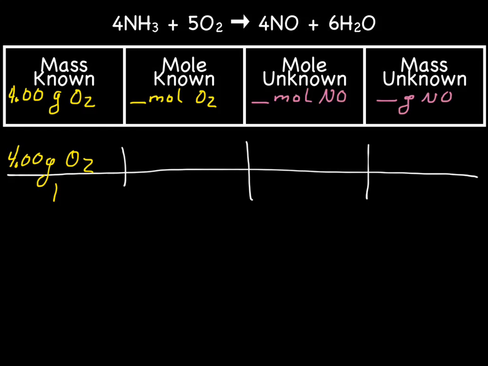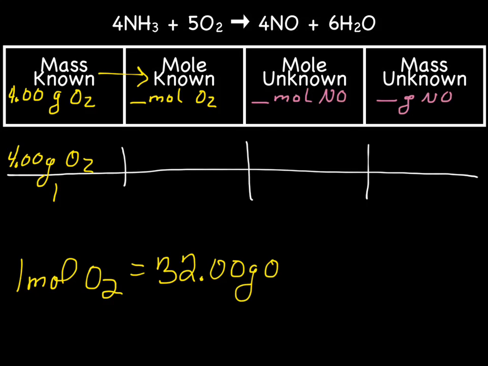And then to go from mass known to mole known, we're going to use 1 mole of the known, O2, equals the molar mass of the known, which we're going to add up oxygen plus oxygen. And we end up with 32.00 grams O2. And we'll put the grams on the bottom so we're able to cross out.